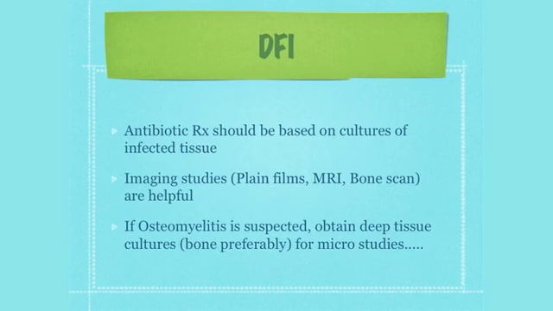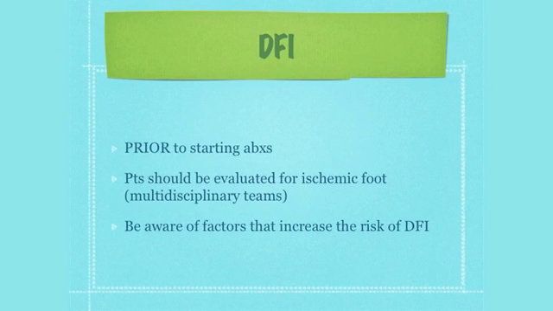This is for micro studies, and we always push for the surgeons, podiatrist, or interventional radiologist to help us get a deep tissue sample prior to starting any antibiotics. That increases our yield significantly to actually grow an organism and target our therapy better. Remember, these patients usually require a prolonged course of therapy, six weeks minimum, so you want to be as narrow as possible to avoid adverse side effects.